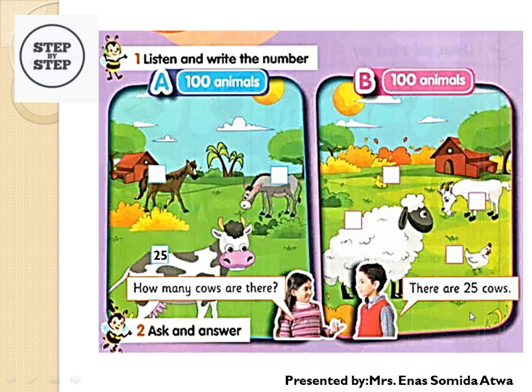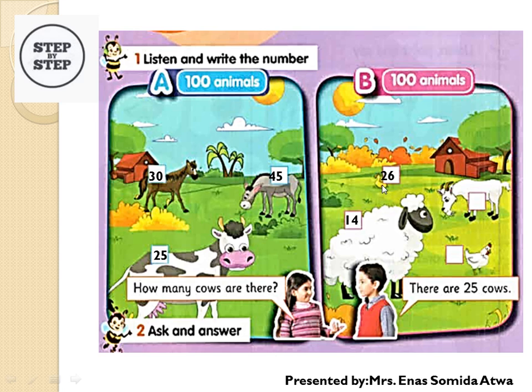طيب what about the horse. There are 30 horses. How many donkeys are there. قال لك 45. There are 45 donkeys. Okay sheep. There are 14 sheep. Okay how many ducks.